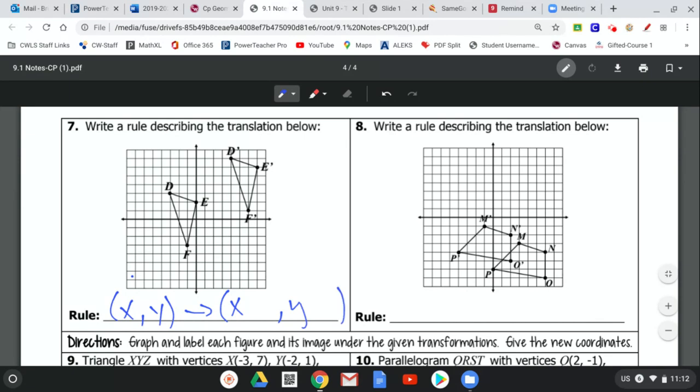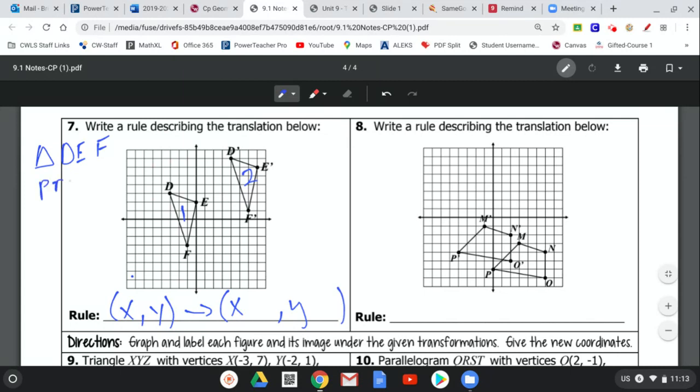All right, so for this, remember that if it has an apostrophe, it is the image, okay? So this is our original image. I'm going to call that our first figure, and then this is our second figure, okay? So triangle DEF, that is our pre-image.